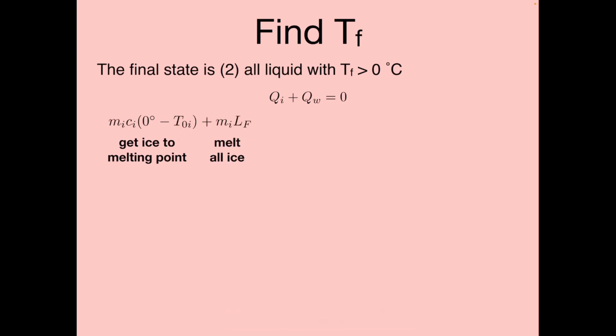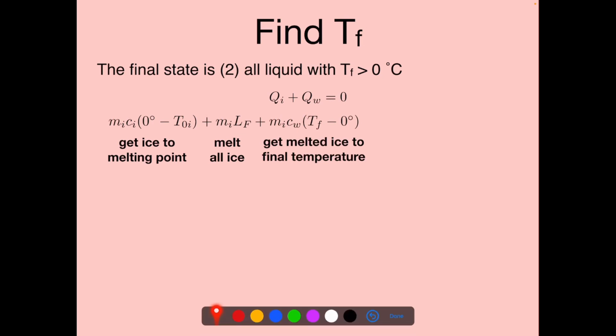Okay, then we're going to melt all of the ice. So the heat that goes into the ice is the mass of the ice times the latent heat of fusion, LF, for the ice. But then we have an additional term. The melted ice, which is at 0 degrees Celsius, increases its temperature to some T final.